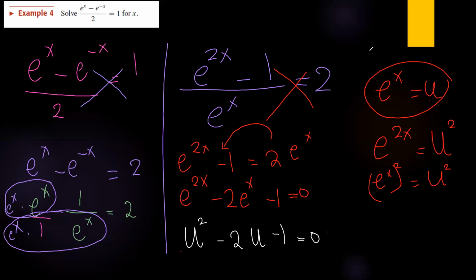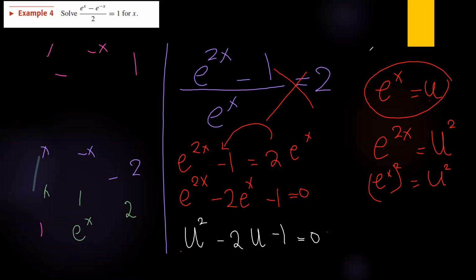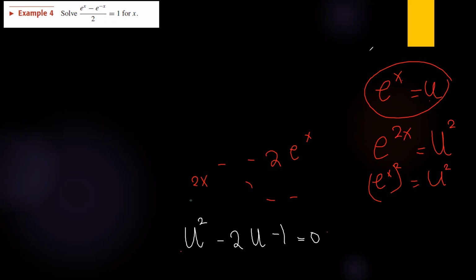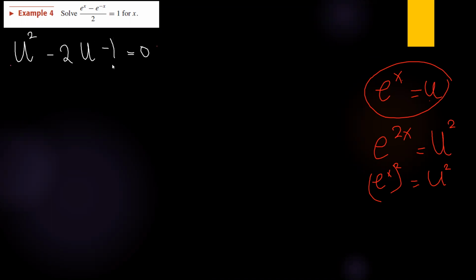Do you remember the quadratic formula? Yes. So here we have u squared minus 2u minus 1 equals 0.